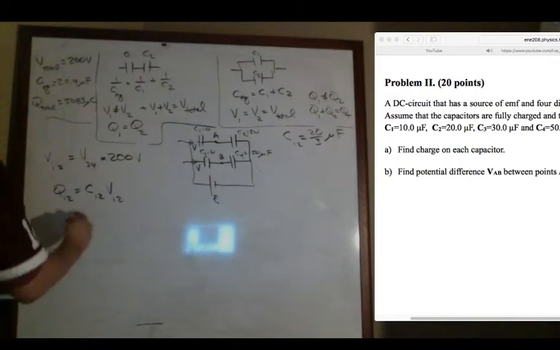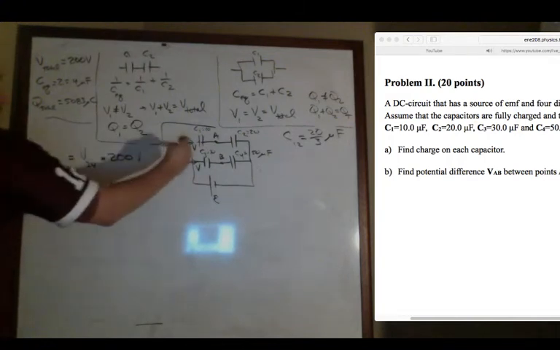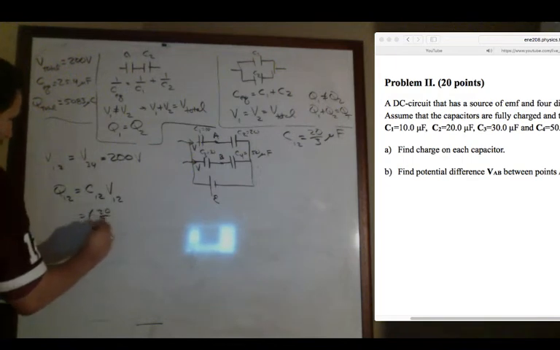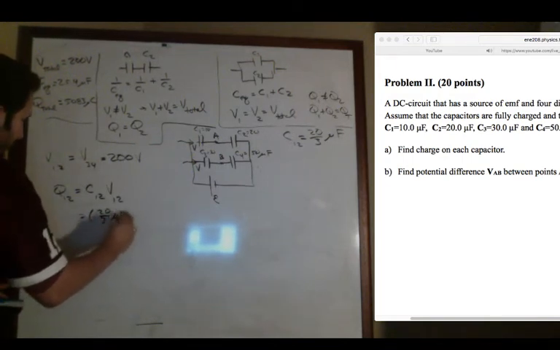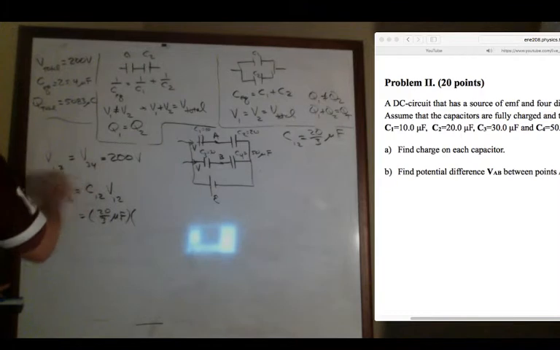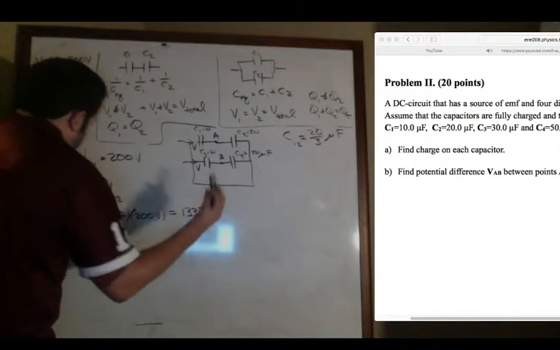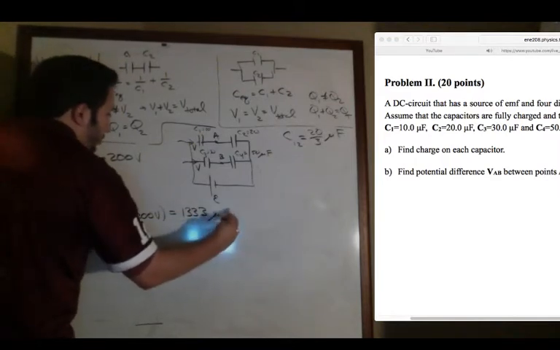And so the charge that flows through here is going to be the 20/3 microfarads times V12, the voltage that flows through there, which will be the total voltage of 200 volts. When you throw that into the calculator, 20/3 times 200, what you get is, we'll round to 1333 microcoulombs.